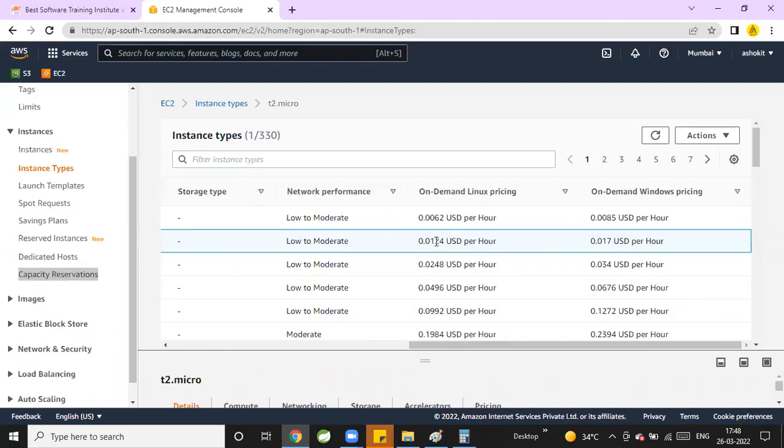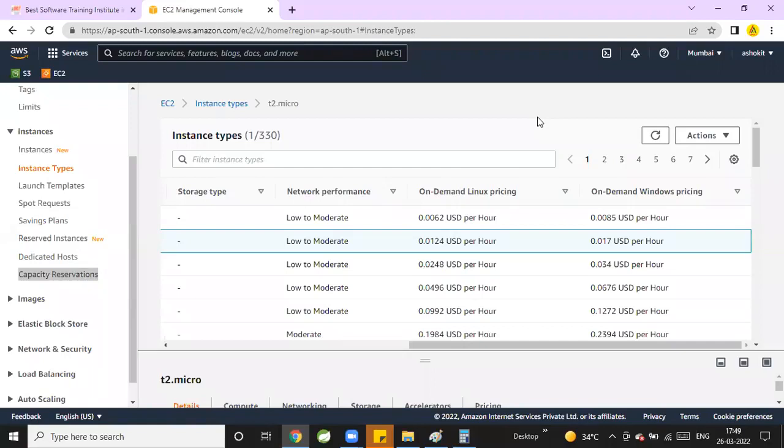On-demand Linux pricing. What is the on-demand Linux pricing for this instance if you use it per hour? $0.01 per hour. Guys, can you understand how much price they are charging for this EC2 Linux machine? $0.01 per hour. If you use it for 5 minutes also, they will consider it as 1 hour.